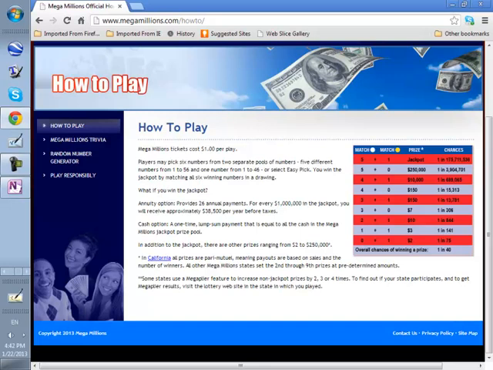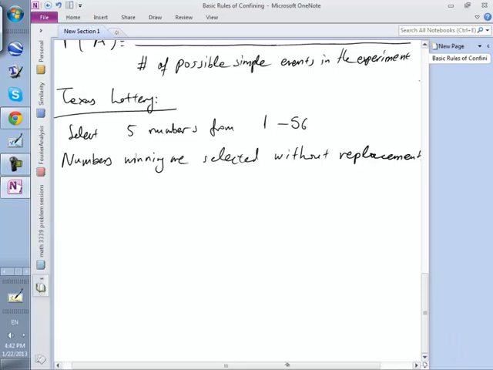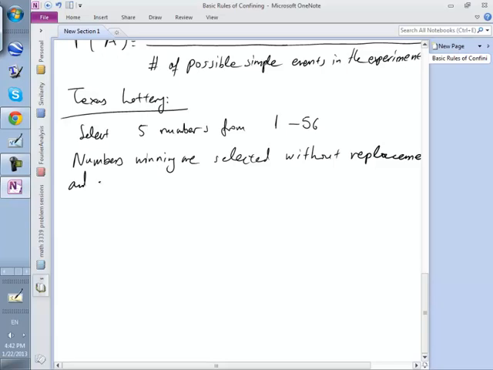So they're going to allow you to have non-winning selections, selected without replacement per the rules of the lottery, and the order doesn't matter. The order does not matter.